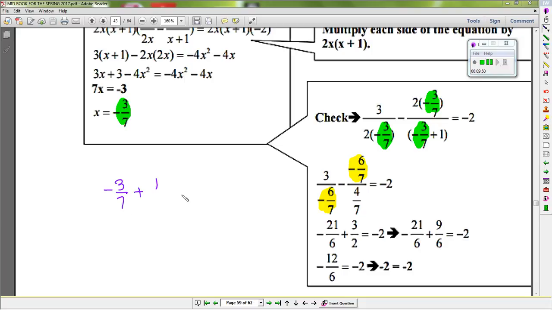Negative 3 over 7 plus 1 will be the same as negative 3 over 7 plus 7 over 7, because you can only add two fractions if they have the same denominator. Then you don't add your denominator, you add your numerator. So you have negative 3 plus 7. That will give you 4 on the numerator, and 7 for your denominator. So that's what we have right here, 4 over 7.